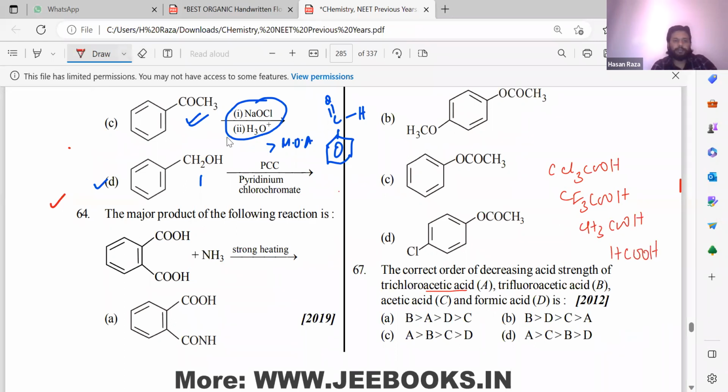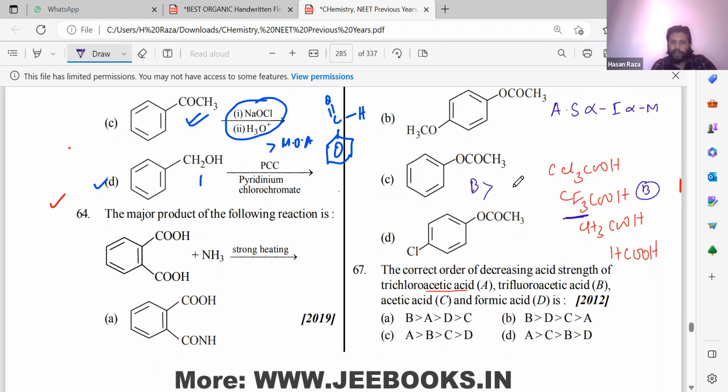As you know, acidity is directly proportional to -I or -M effect. So this will have the most withdrawing power, so this B will be the most acidic.